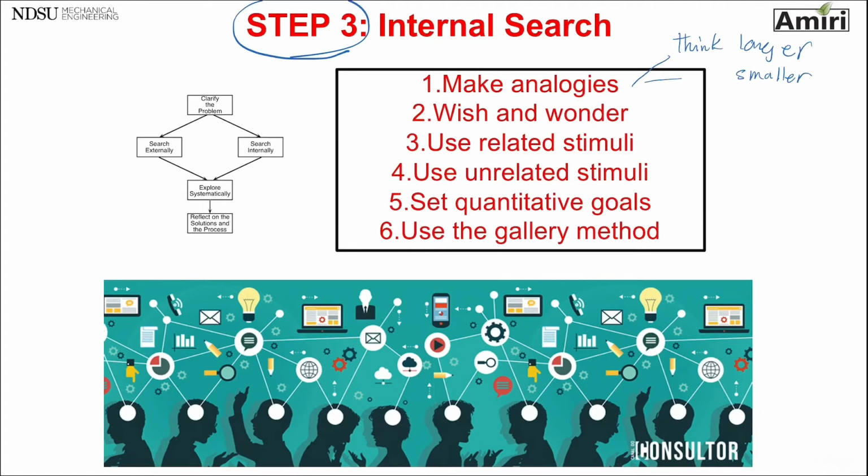Okay, use related stimuli. So each of your team members generates an idea, or writes it on a piece of paper, or puts it in an email, and sends it to the next person. The next person uses that idea, adds something to it, and passes it around to the next person. You repeat this process until the idea keeps developing. Remember, the unrelated stimuli. The handheld nailer team sent someone out with a digital camera.